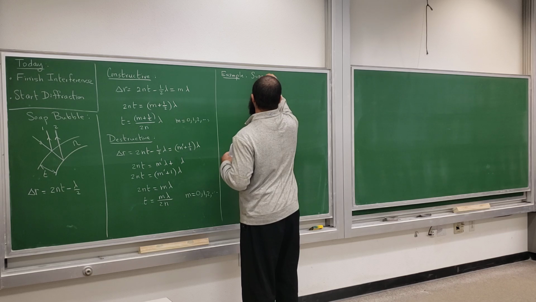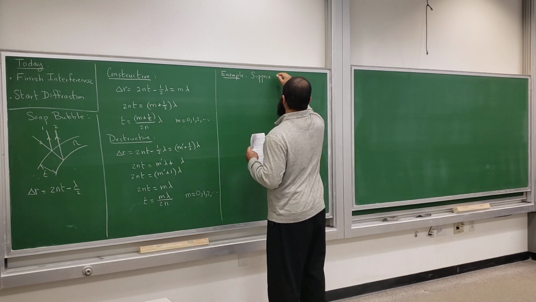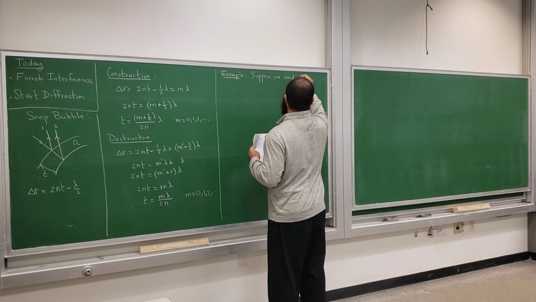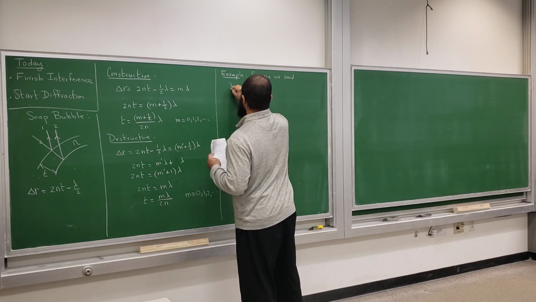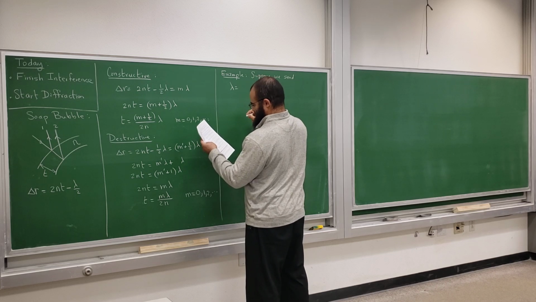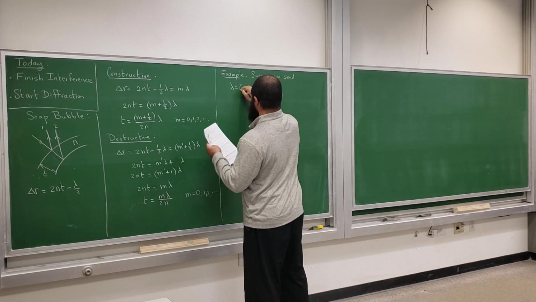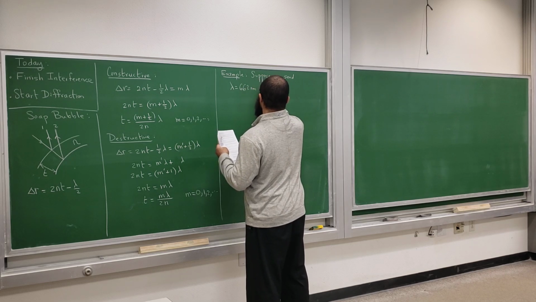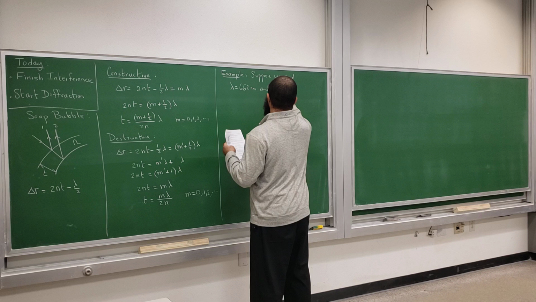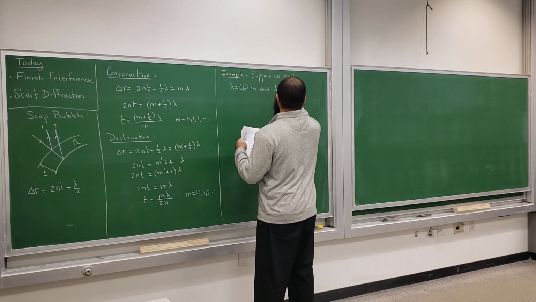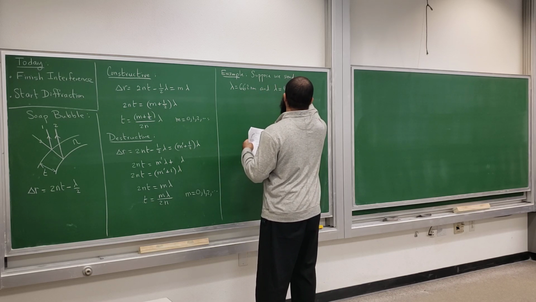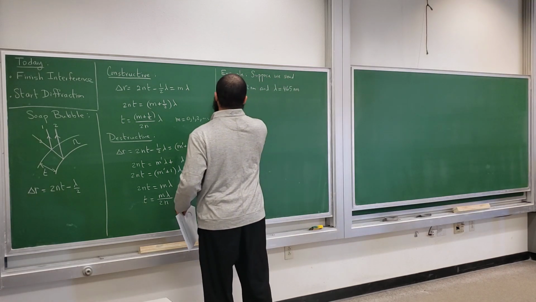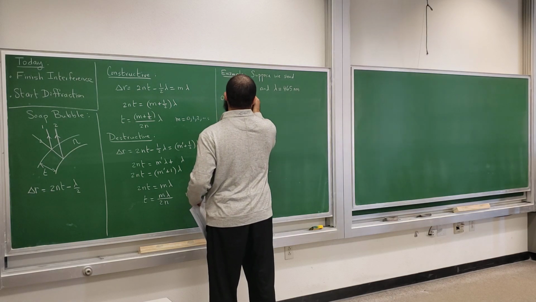Suppose we send lambda equals 662 nanometers, and lambda equals 465 nanometers on a soap bubble. So suppose we set this on a soap bubble.